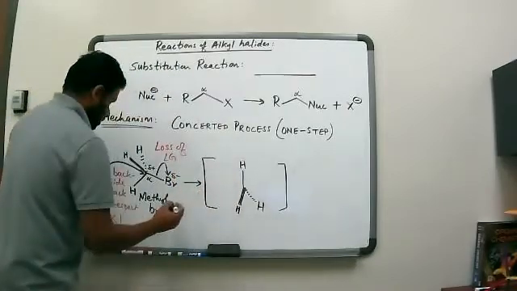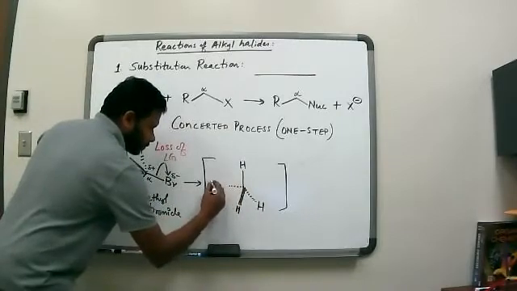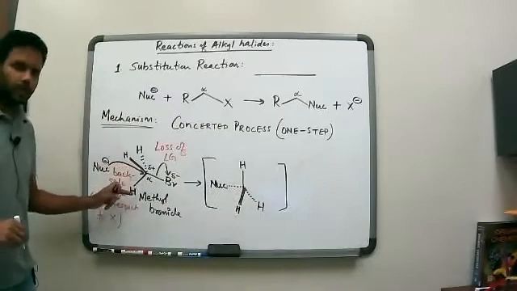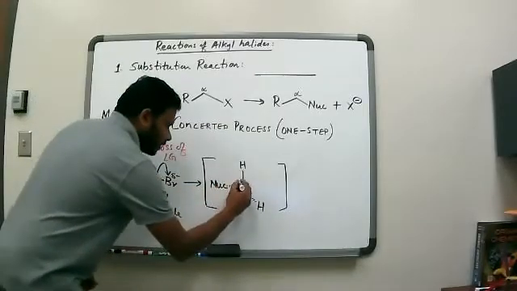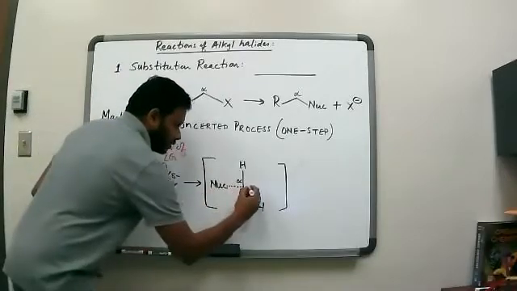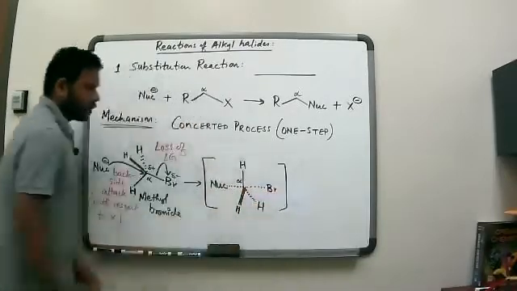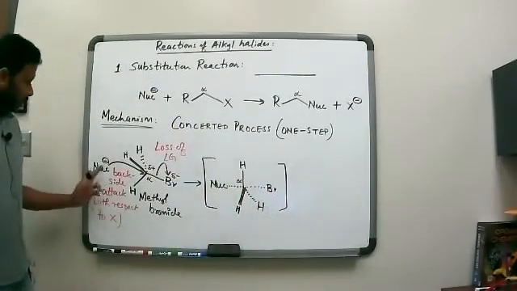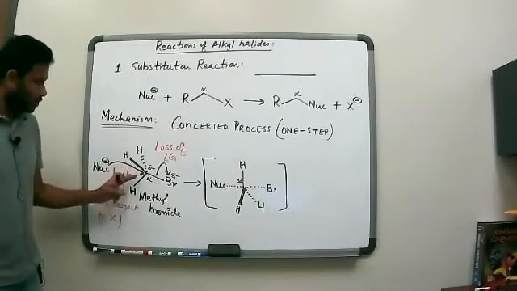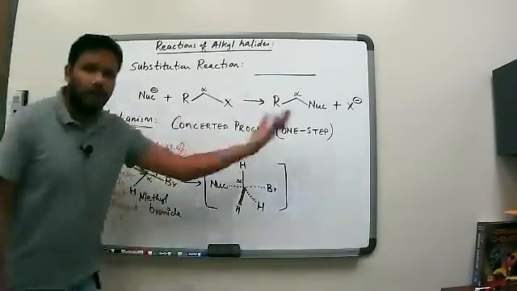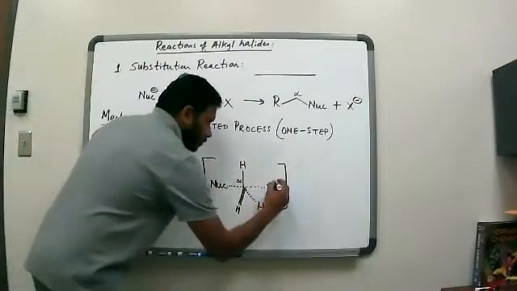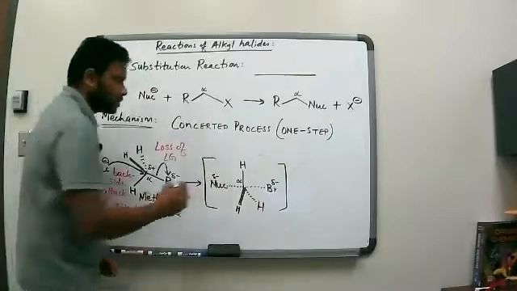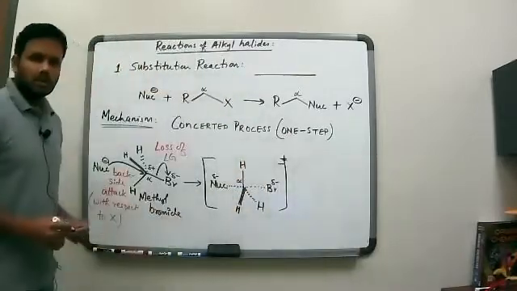And then we have the nucleophile trying to form the bond with that carbon. This is our alpha carbon, and the alpha carbon bromine bond is trying to break at the same point. The nucleophile is bringing in a negative charge, the bromine is leaving with a negative charge. So overall we can say that there's a del negative here and a del negative on this at the transition state. And so this is the transition state of the molecule.